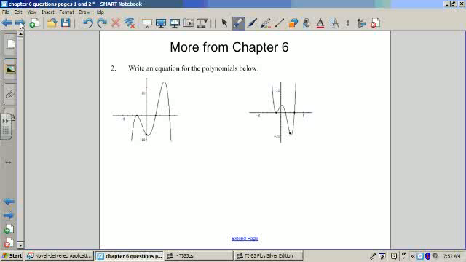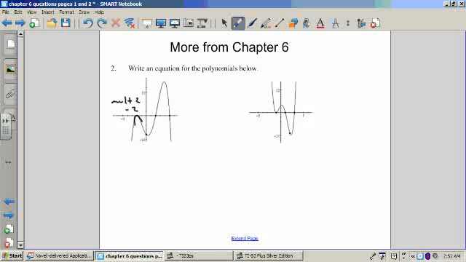Problem number 2 is almost the same thing, except now we need to find the zeros ourselves. I look at the graph on the left and realize that I have a zero at negative 2. It must have a multiplicity of 2. Why? Because it's bouncing. When you touch or bounce, that means you have an even degree.